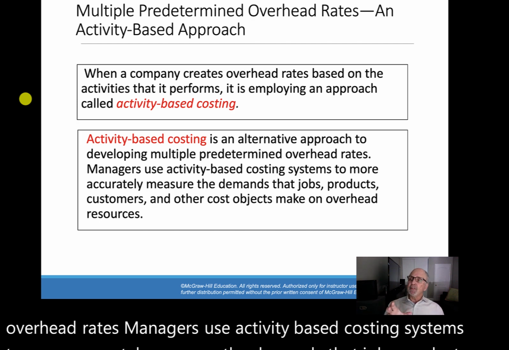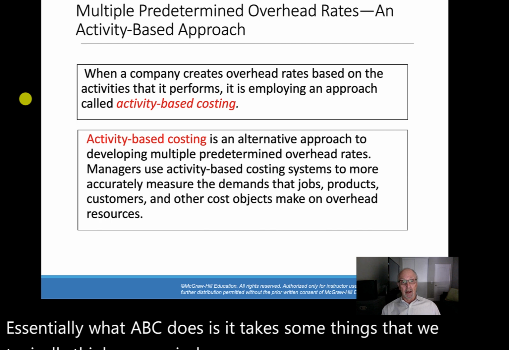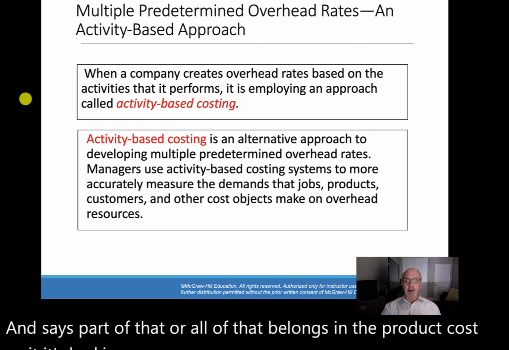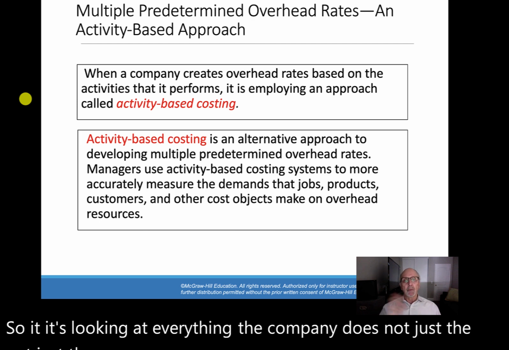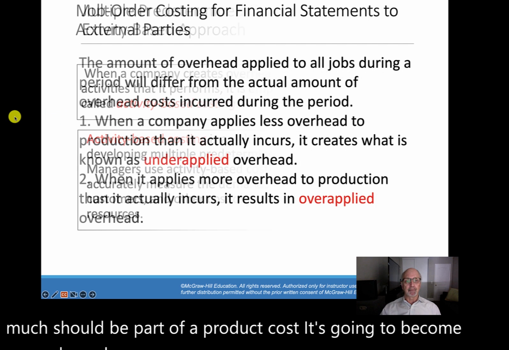Essentially what ABC does is it takes some things that we typically think of as a period cost and says part of that or all of that belongs in the product cost. So it's looking at everything the company does, not just the factory costs, but everything, and determining how much should be part of a product cost. It's going to become more clear when we look at that chapter.